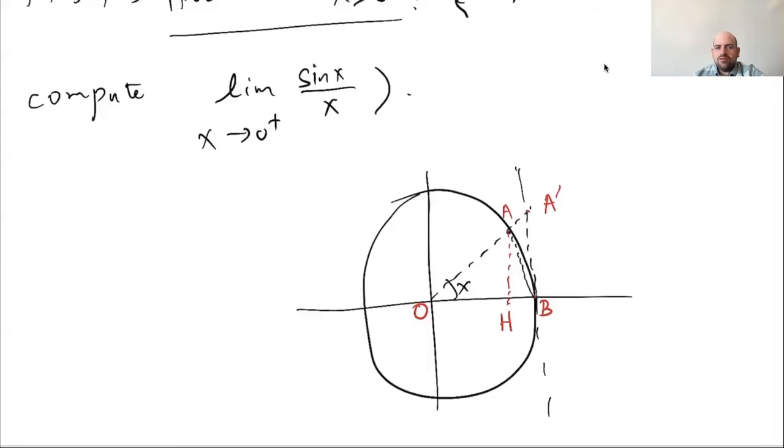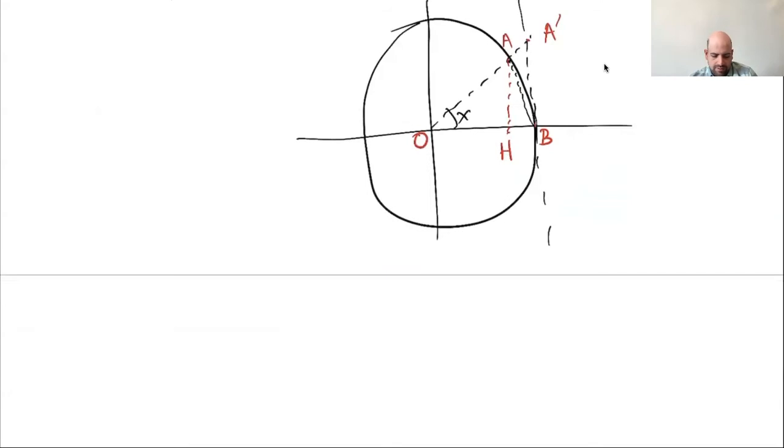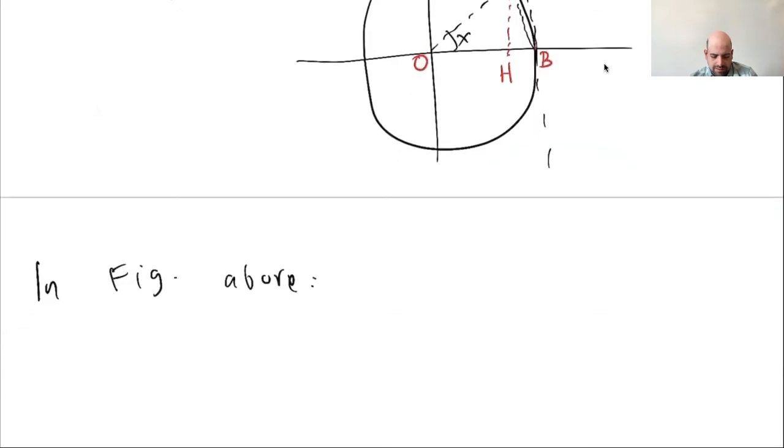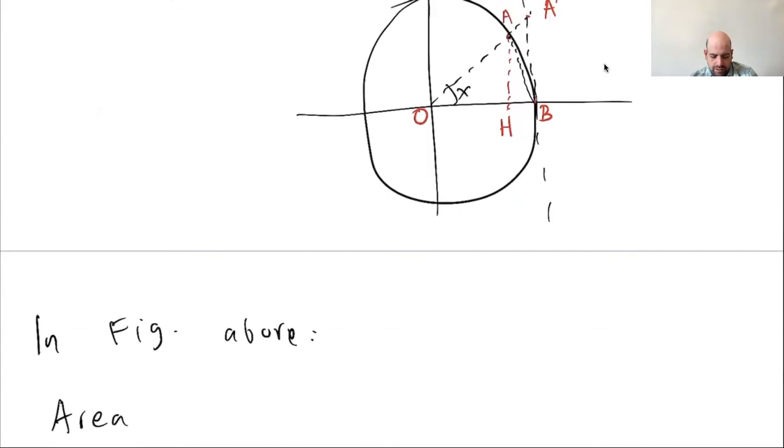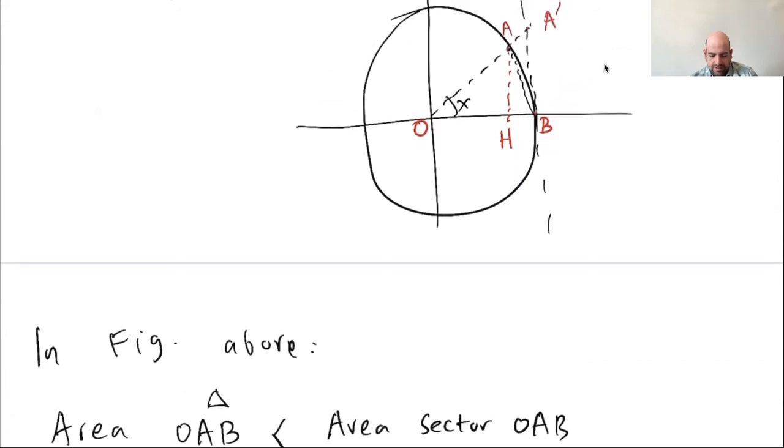Okay, now I want to compare 3 areas here. So in the figure above, we can say that the area of the triangle OAB is less than the area of sector OAB of the circle.